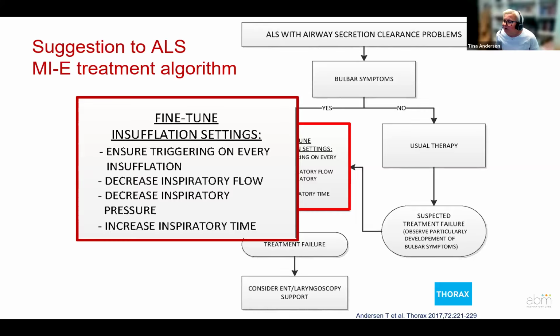And decrease inspiratory flow, which is also the rise time. So if we increase the rise time, decrease the inspiratory flow, the pressure is achieved not that rapidly. It can be more gentle to pass these very ready reflexes. We can also decrease inspiratory pressure to again deliver the insufflation more mildly and not trigger the closure. And in addition, increase the inspiratory time to still deliver the volume we need to cough effectively.